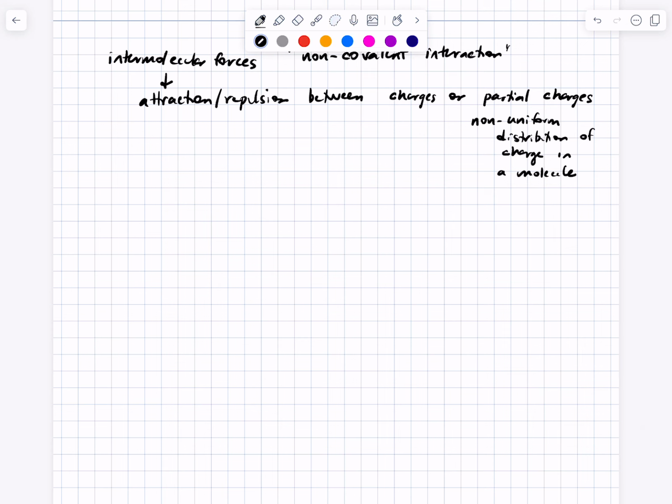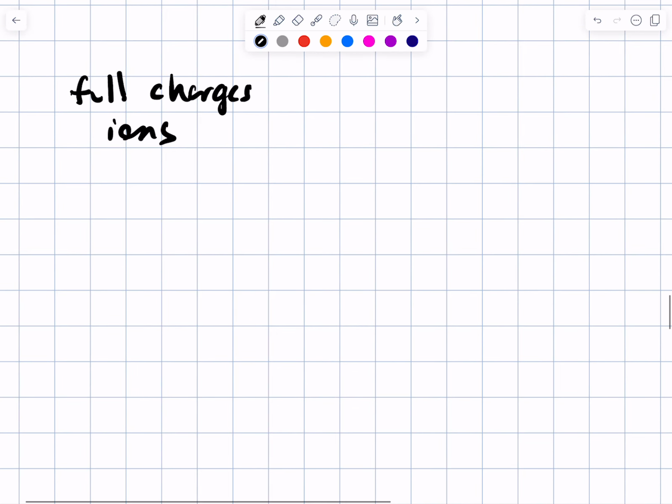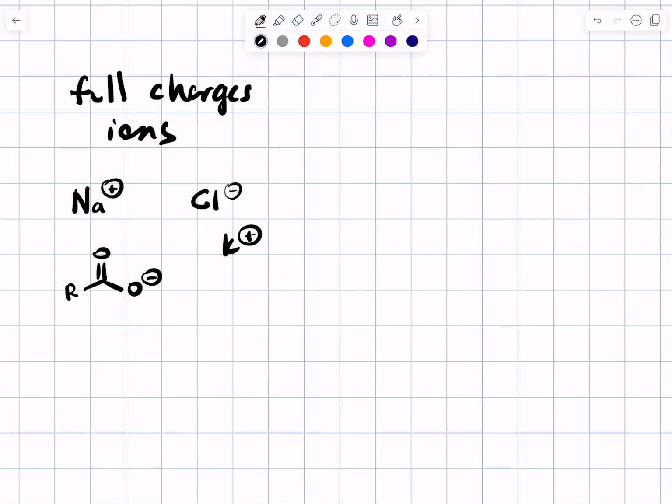We'll talk about how these are related to things that you see in your day-to-day life. So one is full charges or ions, and these are generally thought of as point charges, and they're attracted to each other as follows Coulomb's law. So a sodium ion, or a chlorine ion, or a potassium ion, or a conjugate base of a carboxylic acid, that's an ion.